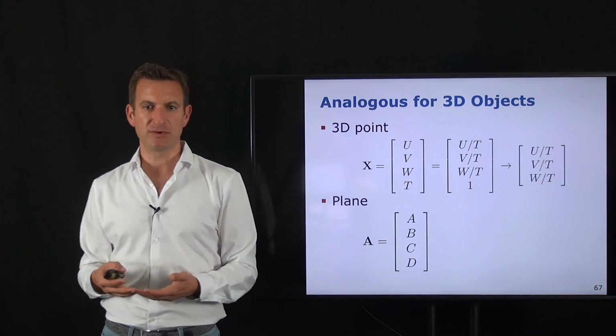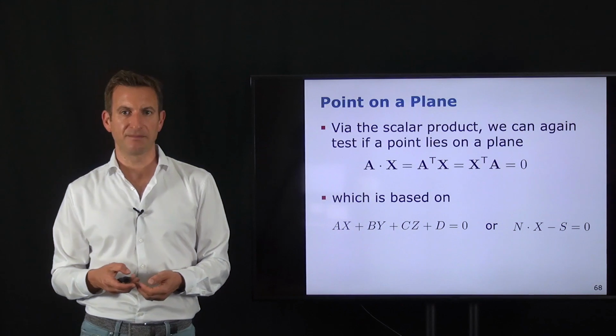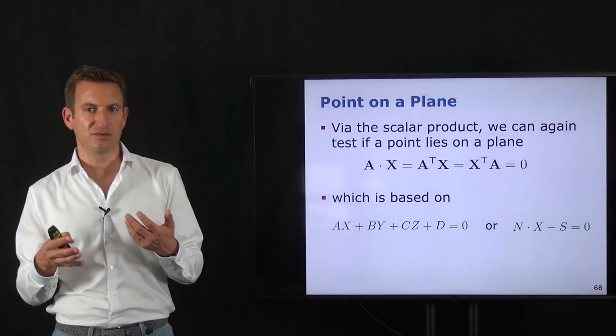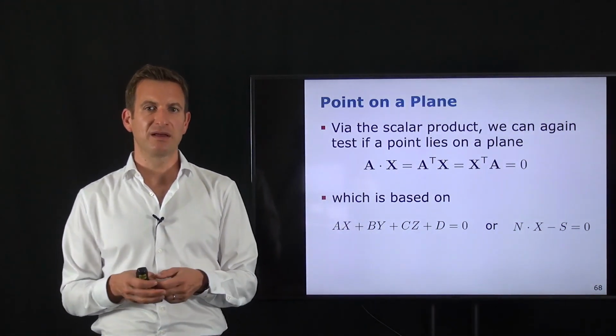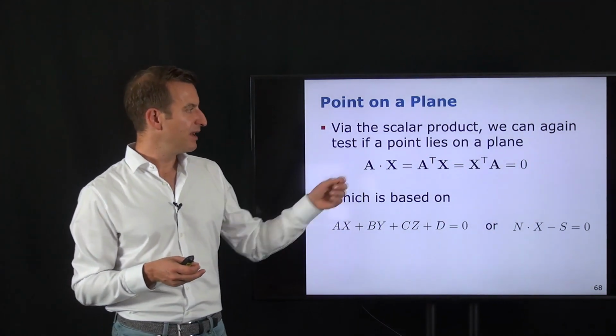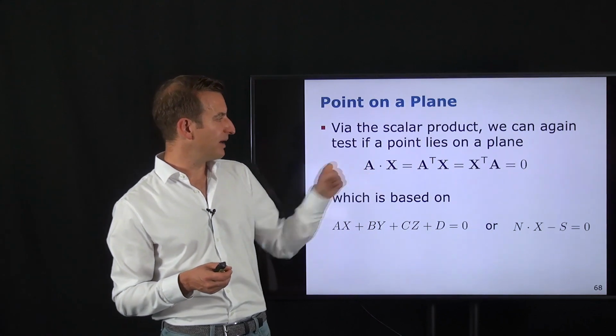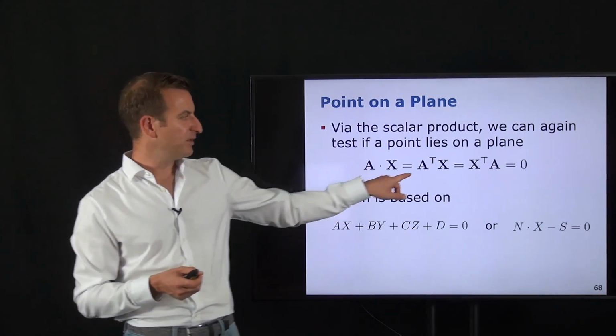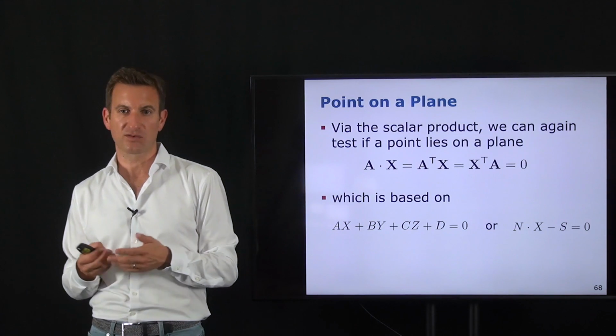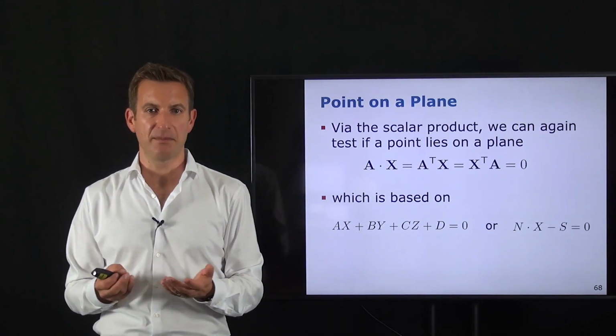So I have 1 parameter more for representing my plane. And I can do a very similar thing to check if a point lies on a plane in 3D, again using the dot product. So a dot x, where a is the plane equation and x is the point, must be 0, which can be expressed as a transpose x, or x transpose a, must be 0.